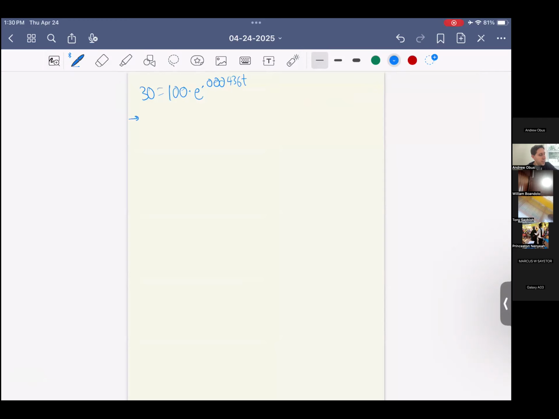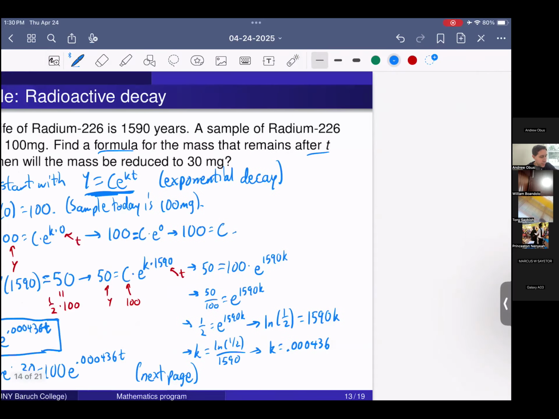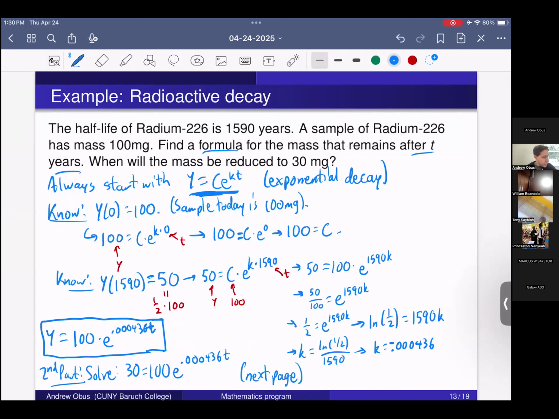I can divide both sides by 100, so I get 0.3 equals e to the 0.000436t, right? Just divided 30 by 100 to get 0.3. And now I can take ln's, so ln of 0.3, oh, sorry, this should be negative. This is k equals negative here. Everything was negative. Sorry, negative, negative, negative.